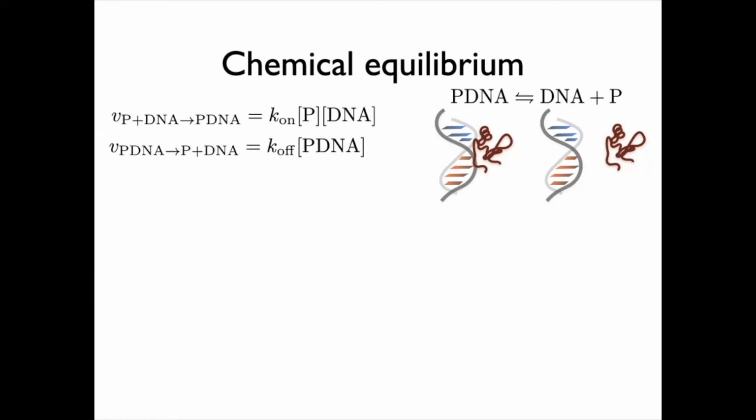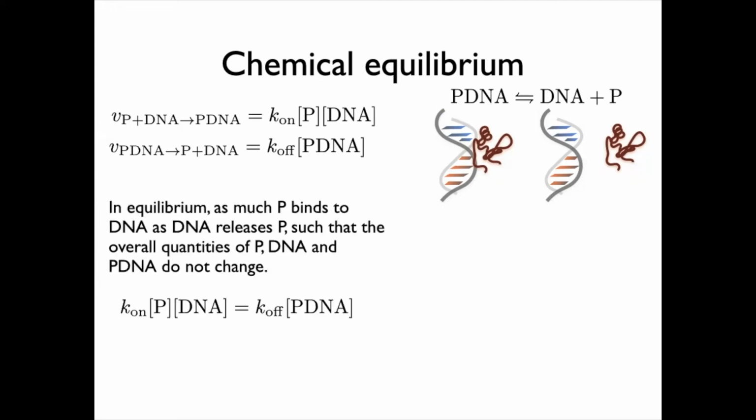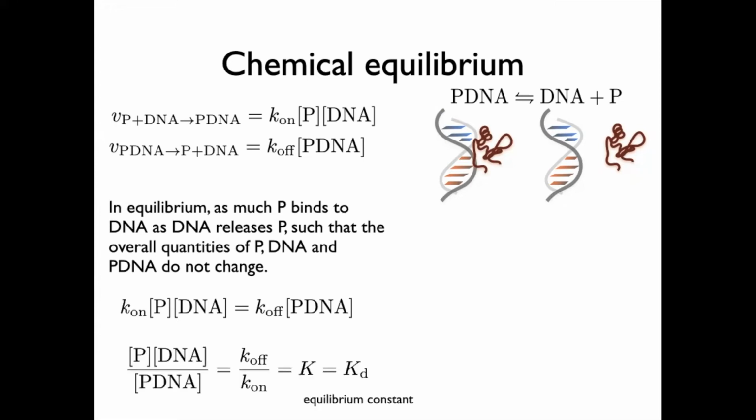The dissociation process depends on the concentration of protein-DNA complex and k_off. In equilibrium, these conversion speeds are the same. Then we can rewrite this.